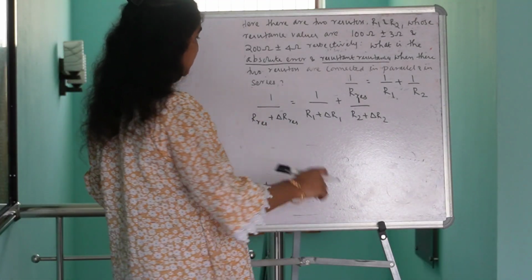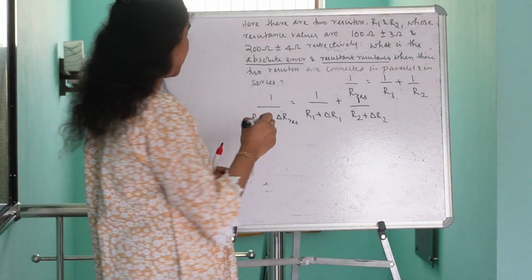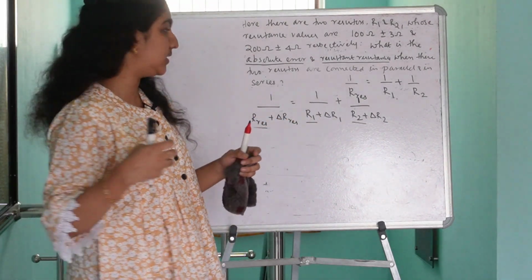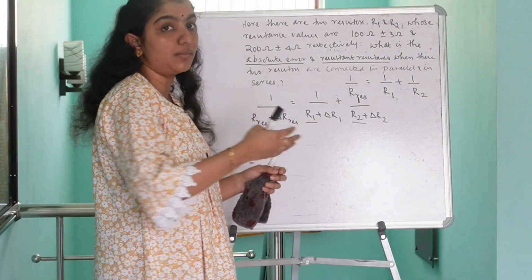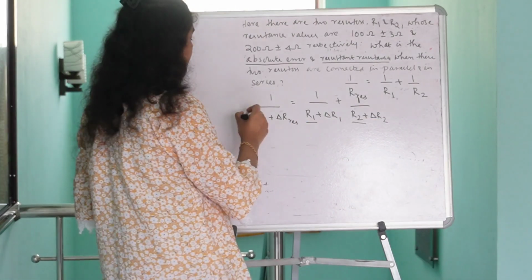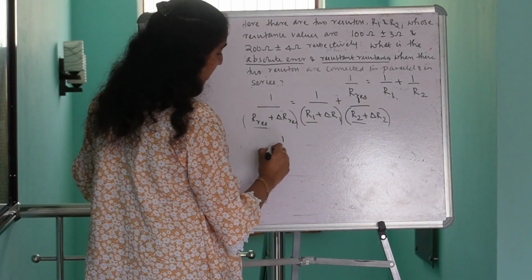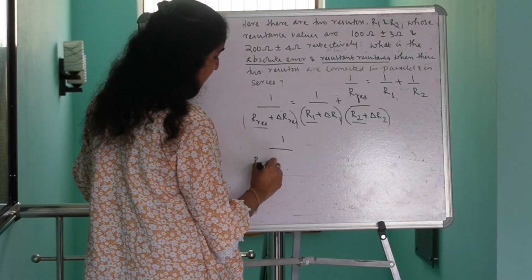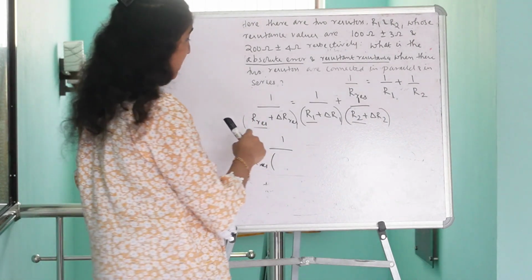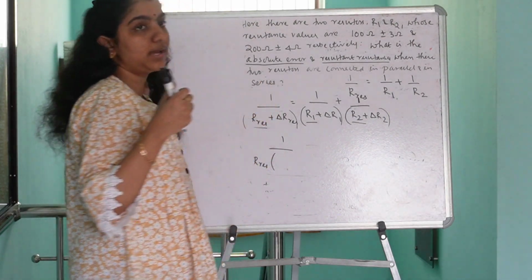Now the next step is I am going to take the actual value commonly outside from each of these denominator values. So how do we take a value commonly outside? We have to simply divide all the terms by this common value.